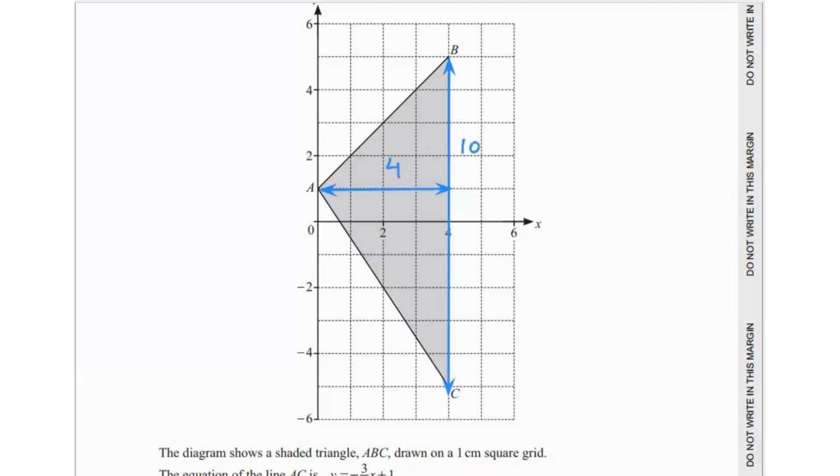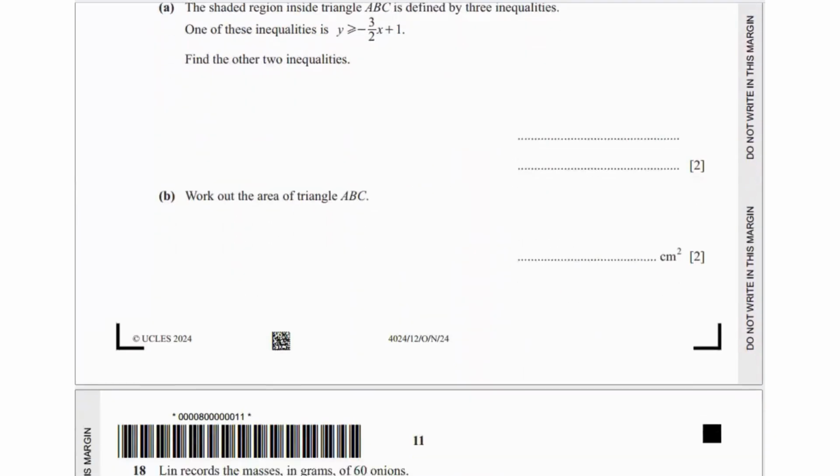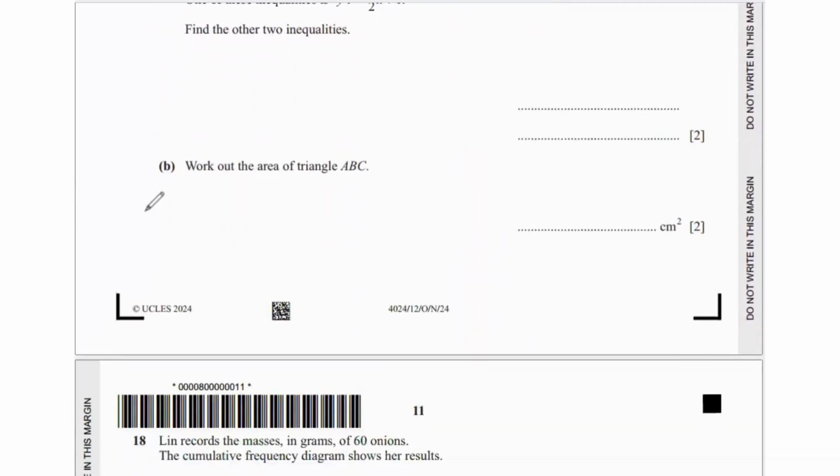So for this, you need to remember your formula for the area of a triangle as well, which is basically 1 over 2 times base times height, which would be 1 over 2 times 10 times 4, which is 20 centimeters square. That is the area of the triangle ABC.